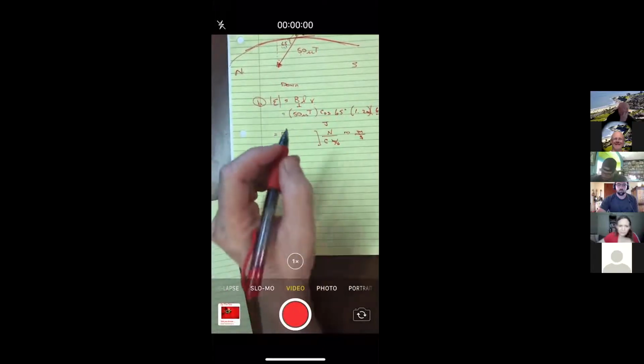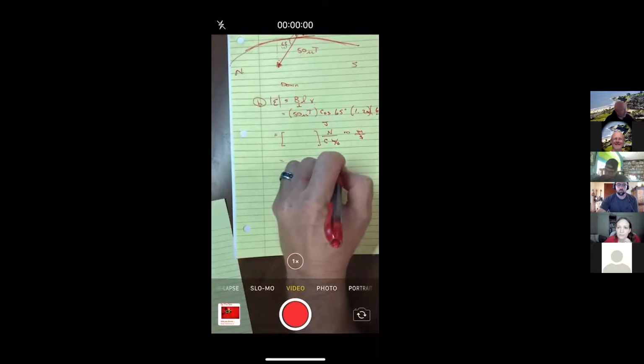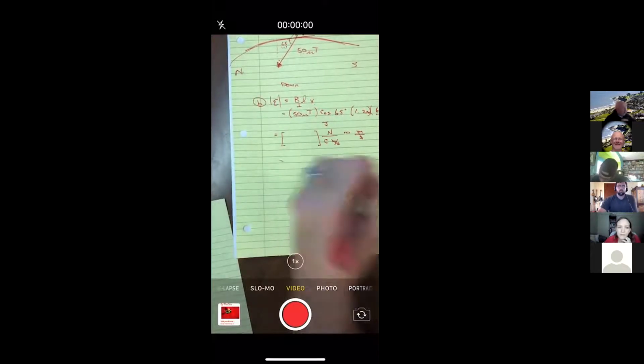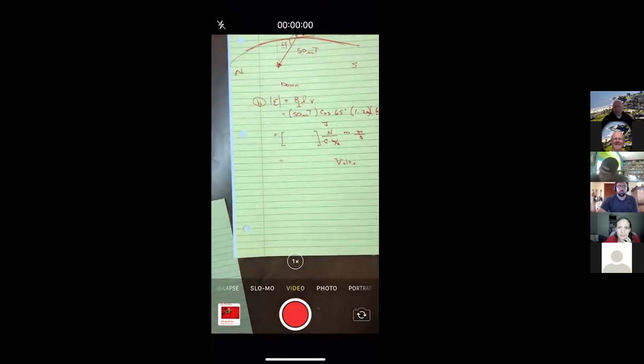Oh, and that, yeah, okay, and then that is a volt. Oh, okay, okay. Drawing a blank there for a moment. Okay, so that is our volt.